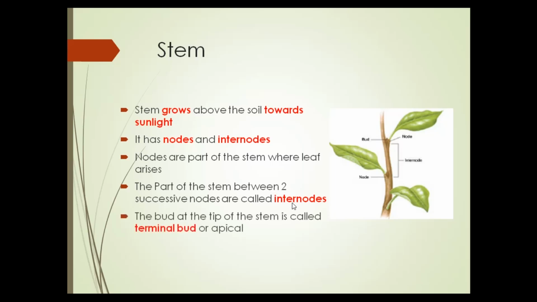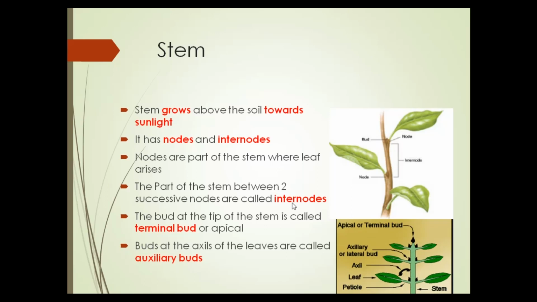The bud at the tip of the stem is called the terminal or apical bud. Buds at the axils of the leaf are called axillary buds. Now, see here, the terminal bud is at the end of the stem, whereas axillary or lateral buds are typically seen at the axils of the leaves.